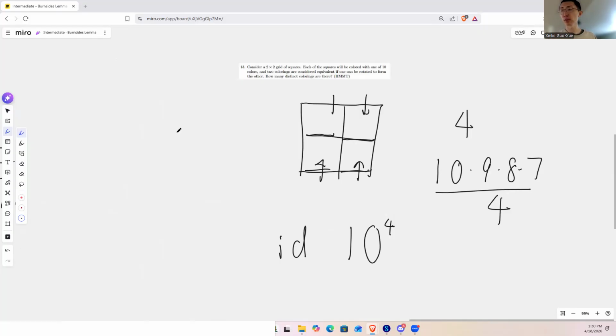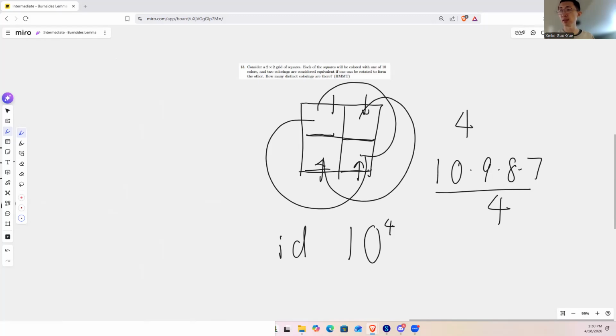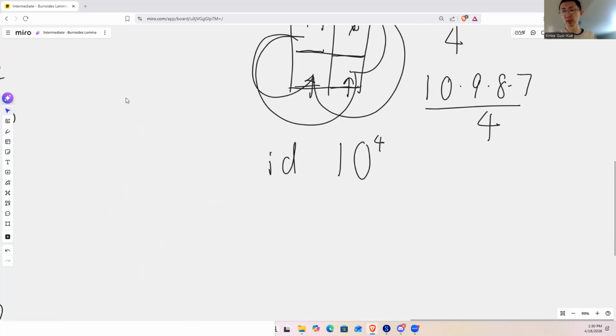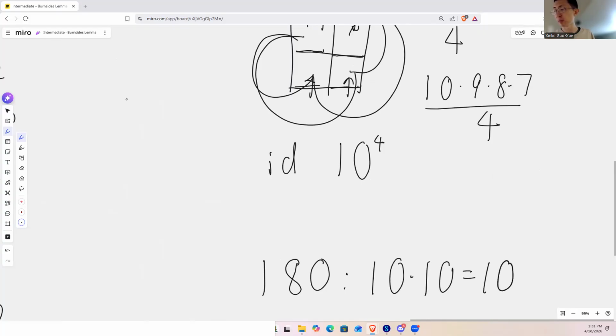A 180-degree rotation sends this to here, this to here, this to here, and this to here. So when I say rotation, it's always about the center of the shape because these are rotationally symmetric. But to be precise, you should say rotation about the center. So there's 10 choices for here and 10 for there, so 10 squared.